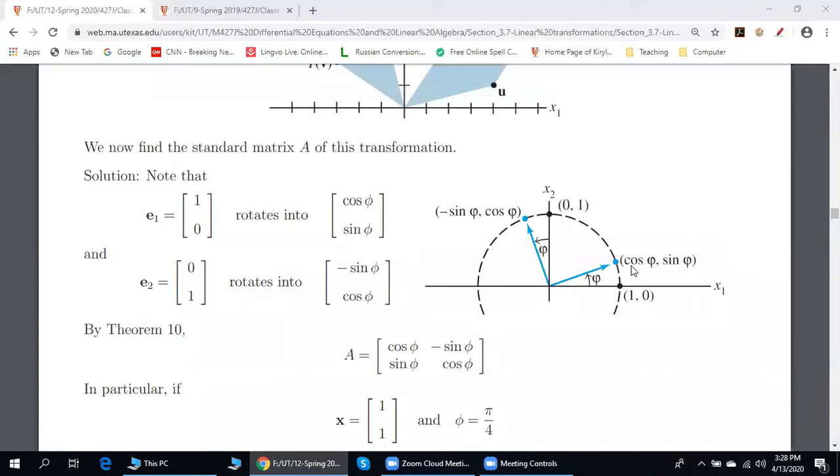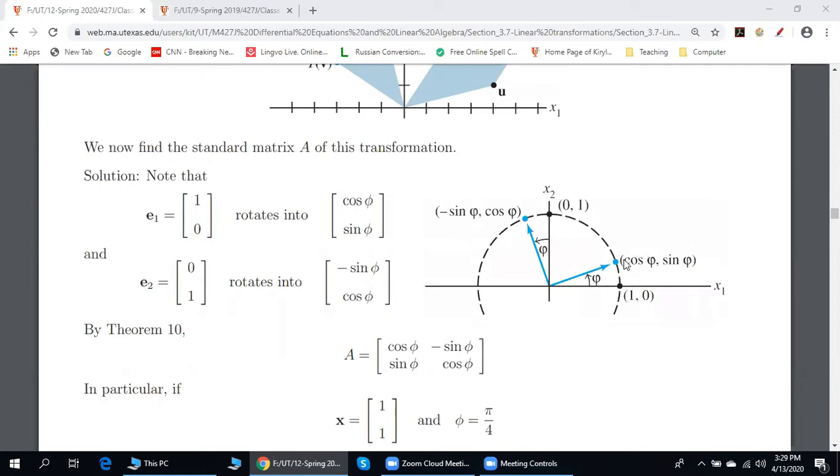Now, let me show you that coordinate number 1 is cosine. Here's why. Coordinate number 1 is this distance. But know that by definition of cosine, this divided by 1 is cosine. Therefore, indeed, this distance is cosine, which is x coordinate.